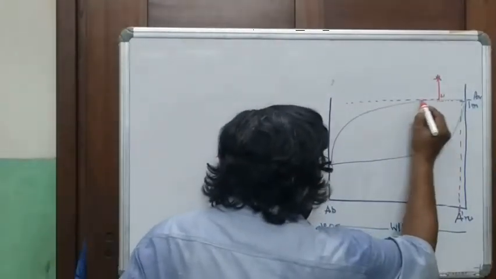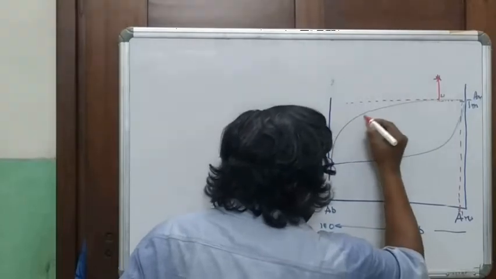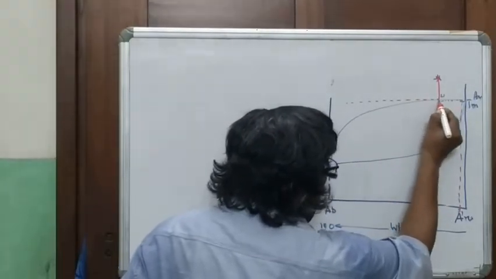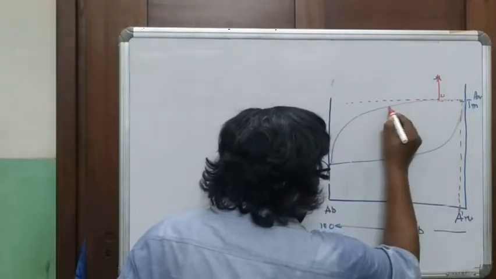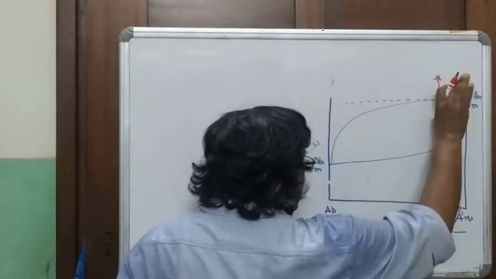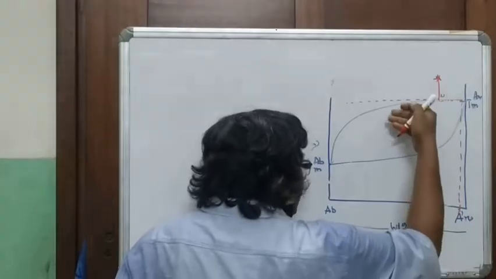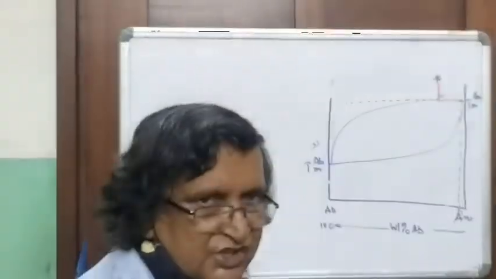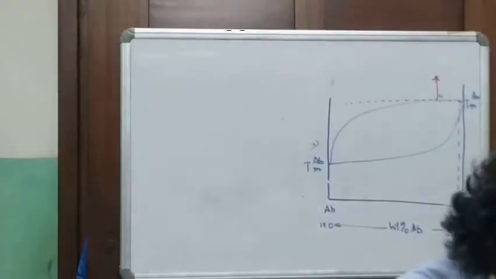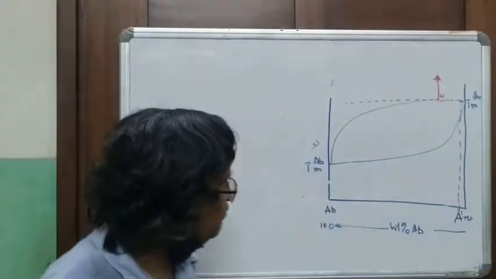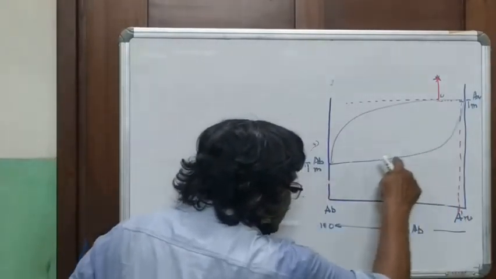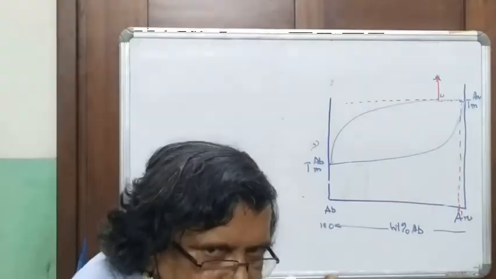Before we go into this, let me tell you the following. If you look at the liquidus of this diagram, it has a very gentle slope towards anorthite. But as we go towards albite, the slope becomes steeper. And if you look at the solidus, it is just the opposite.